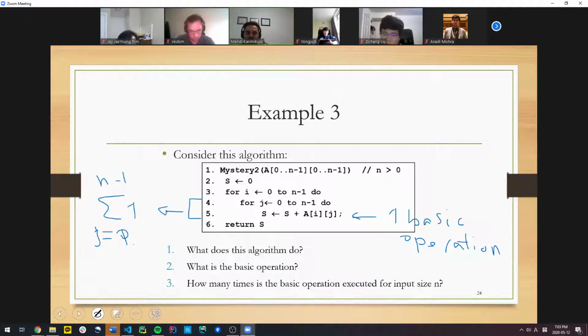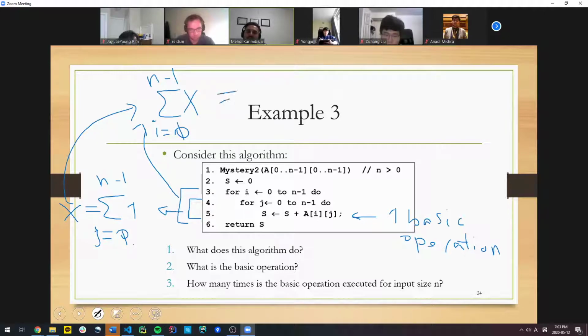Let's call this x. Then I'm going to do line number 3: another sigma for i equal to 0 going to n minus 1 of x.